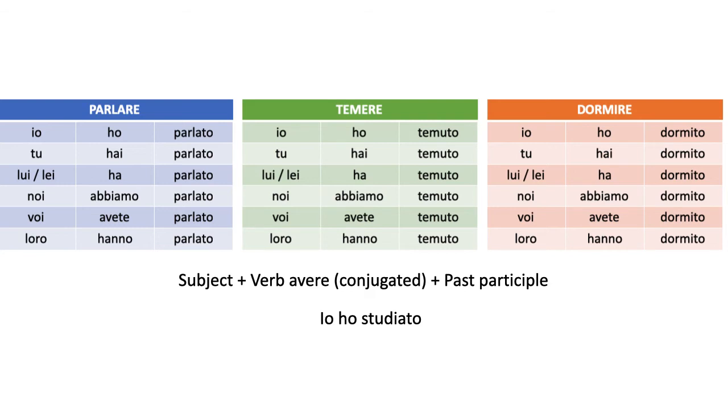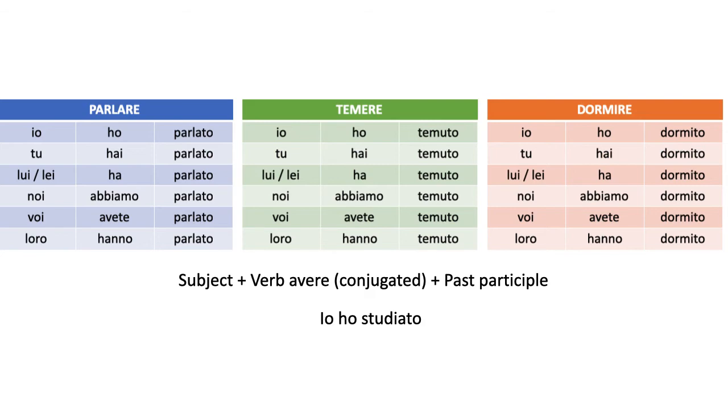So now, I said that passato prossimo is used to talk about the past, right? So let's do a little exercise in which we're going to compare the present of regular verbs with the passato prossimo of regular verbs.